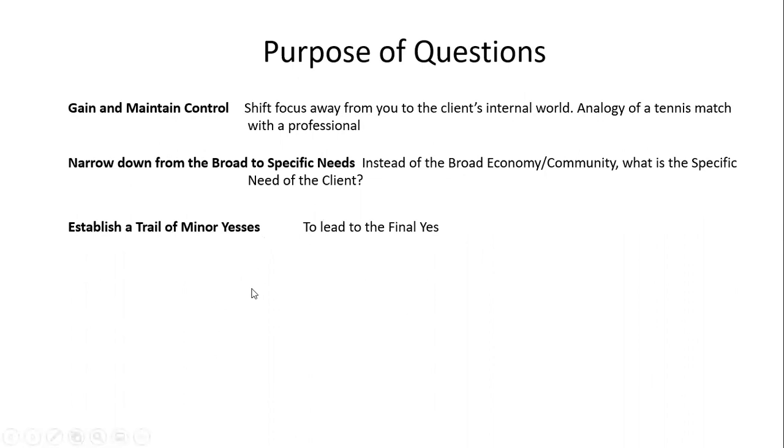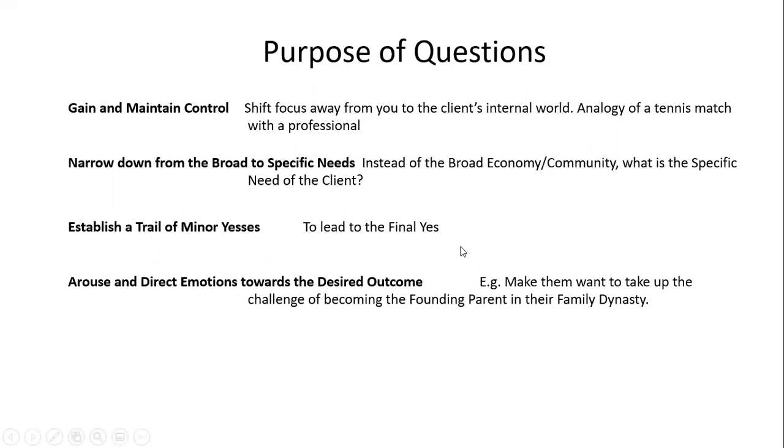Then a further reason for questions is you don't say a whole lot of things and then right at the end just jump on them with a big decision to be made. You want to lead them on a journey where throughout the journey they give you lots of little yes, yes, yes. And when people constantly say yes, it's much easier for them to say the final yes.